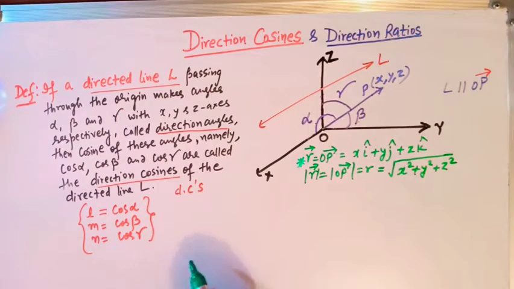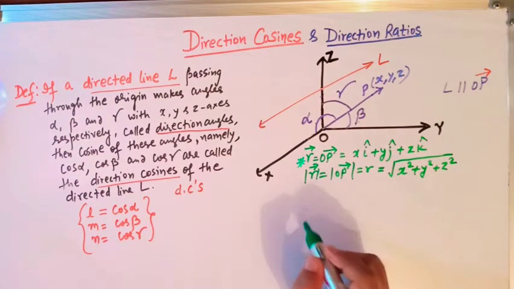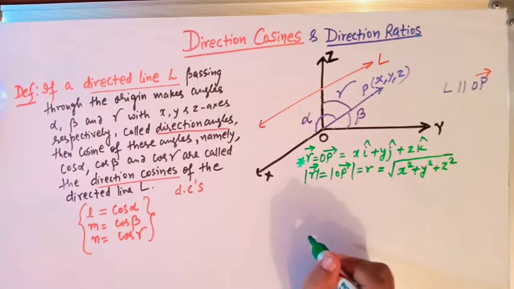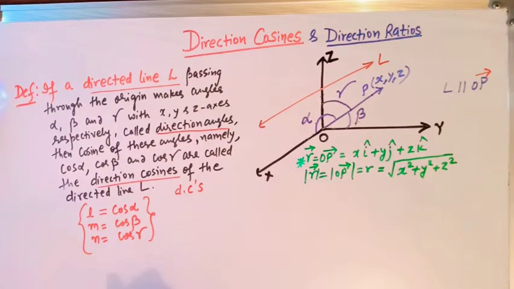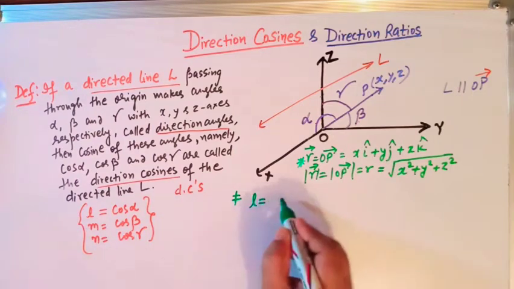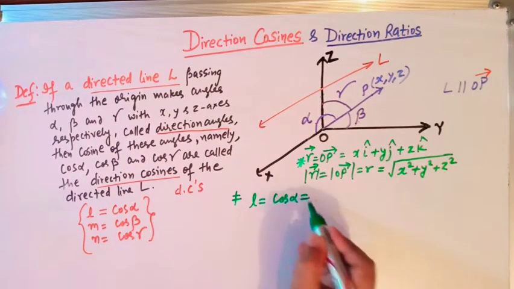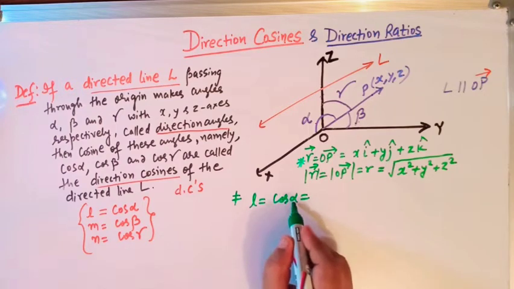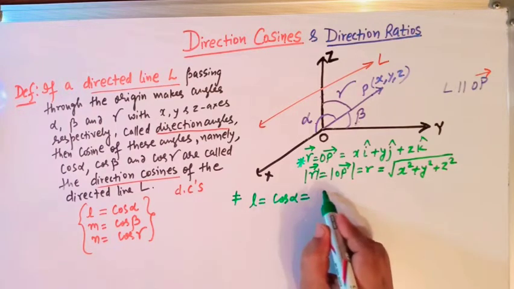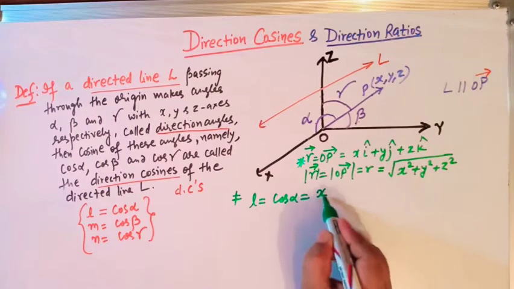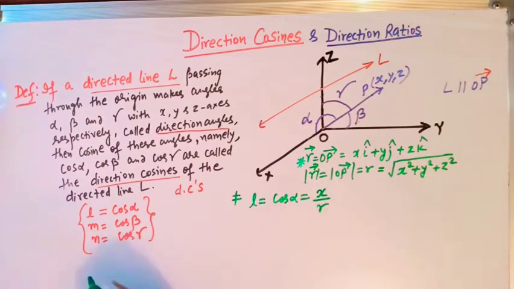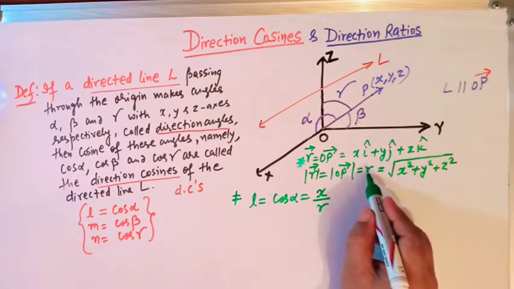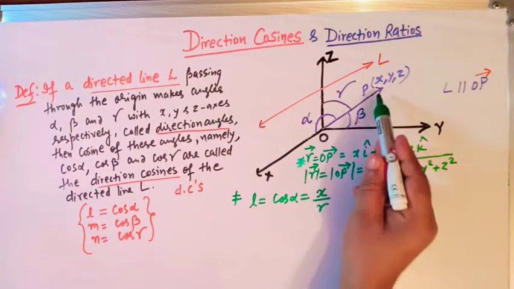Now viewers, here I am going to tell you one very important property of direction cosines, right? So the property is that we know that l is equal to cos alpha. Now this cos alpha can be written as x divided by the magnitude of this vector r, right?